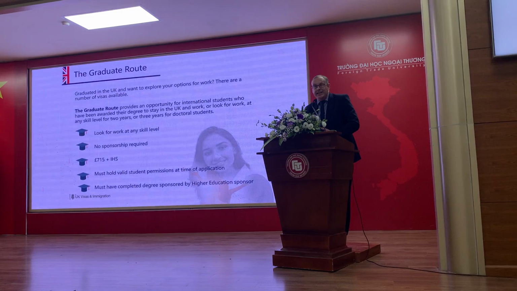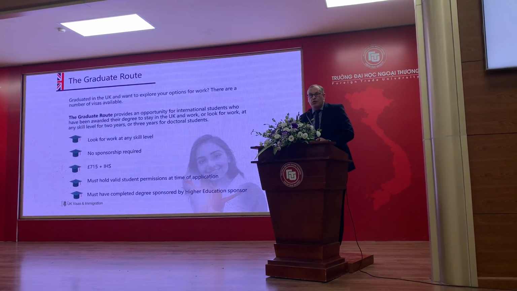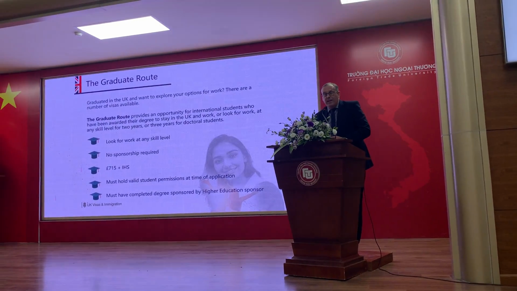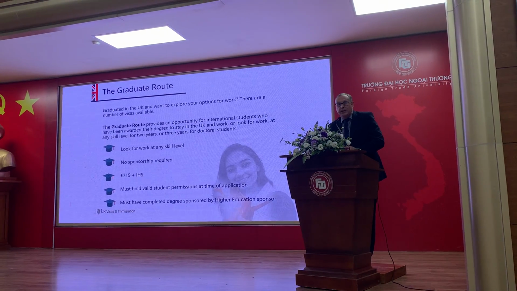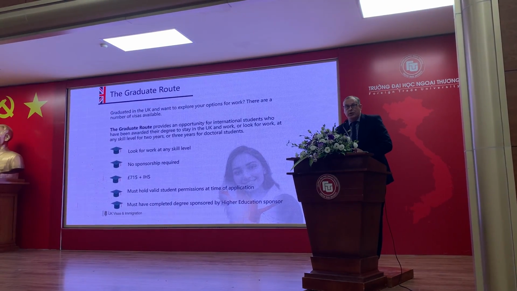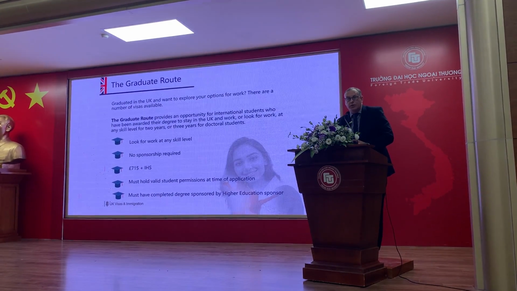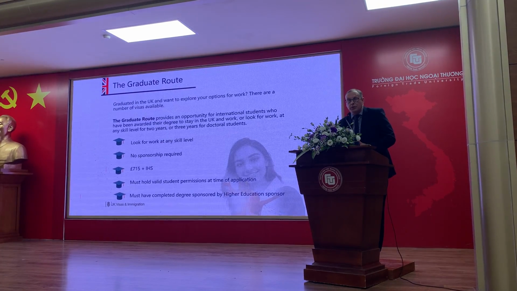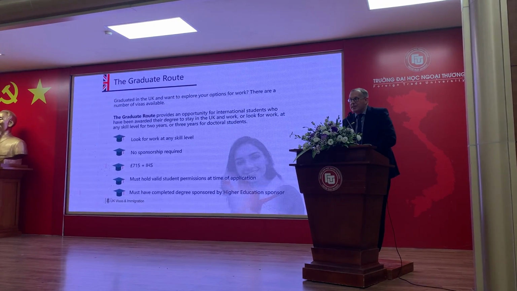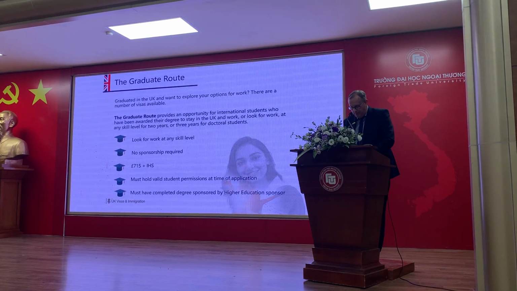For those doing postgraduate or degree level study, you can stay for up to 2 years to either find work or take any work that you wish to do. For PhD students, this is for up to 3 years.